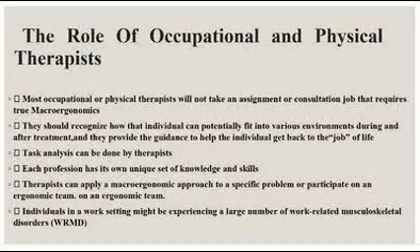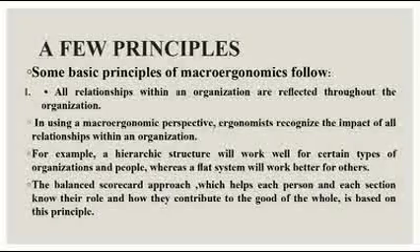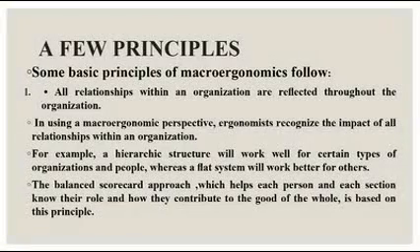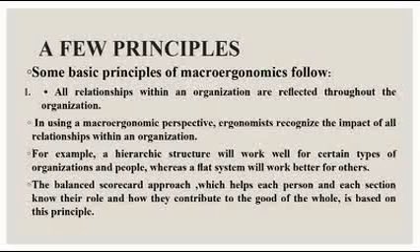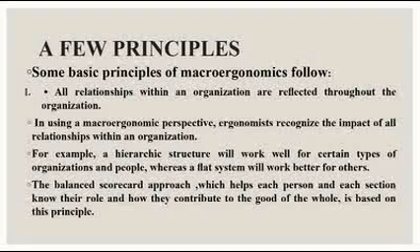Now a few principles for better application of the ergonomic approach. The ergonomic approach is to assess human capabilities and limitations, and then set procedures and designs which are most suitable for them. Principle number one is that all relationships within an organization are reflected throughout that organization.